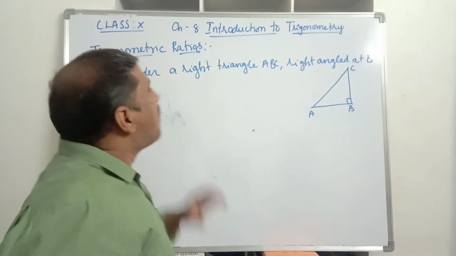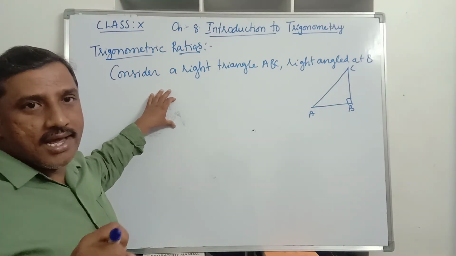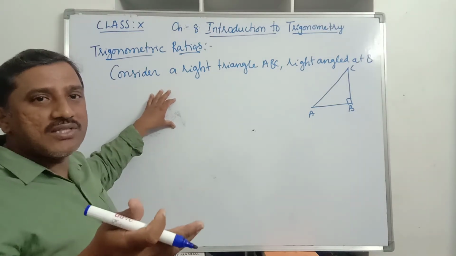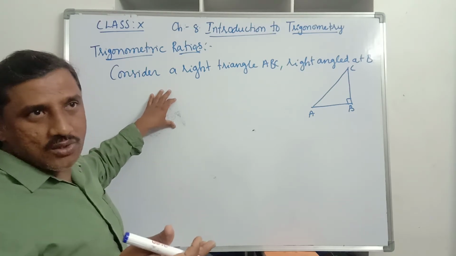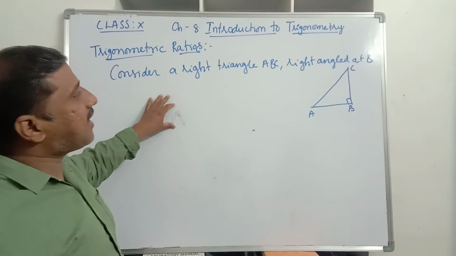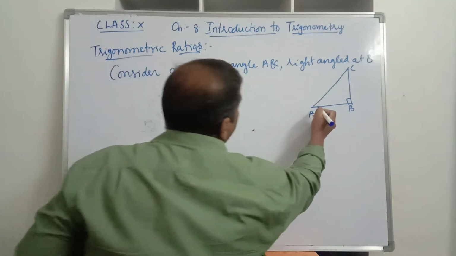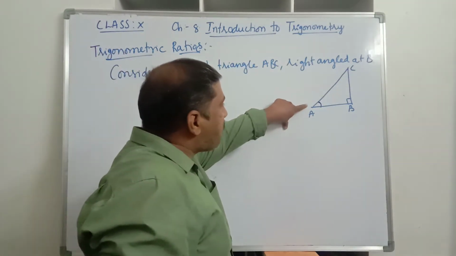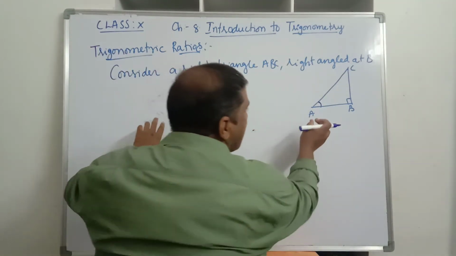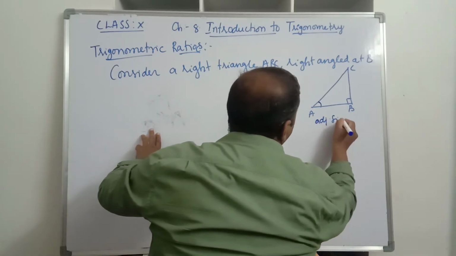In class 10 we will define these trigonometric ratios only for acute angles. You can also define them for obtuse angles and other angles beyond 90 degrees, which we will study in class 11 and 12, the higher classes. Now I am considering angle A. For angle A, AB is the adjacent side.